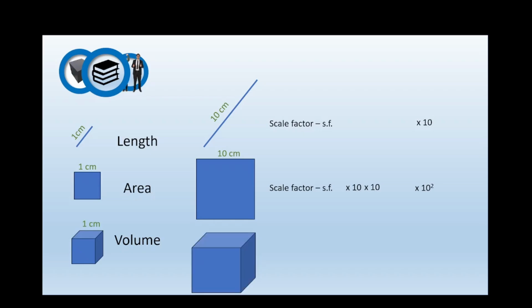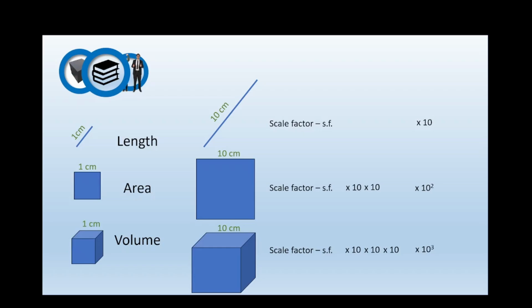How about the cube then? Well, the volume of my 1 centimetre cube is 1 times 1 times 1, 1 centimetre cubed. Is the 10 centimetre cube going to be 1 centimetre cubed? Well, no, it's not, because an edge is 10, then 10 times 10 times 10. That's the scale factor of 10 times 10 times 10, or 10 cubed.